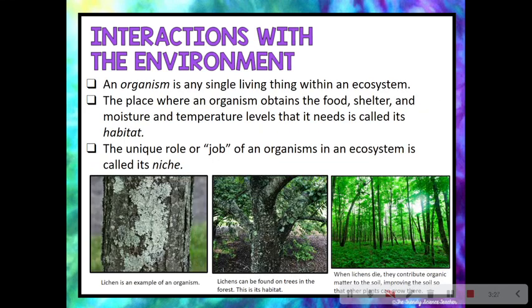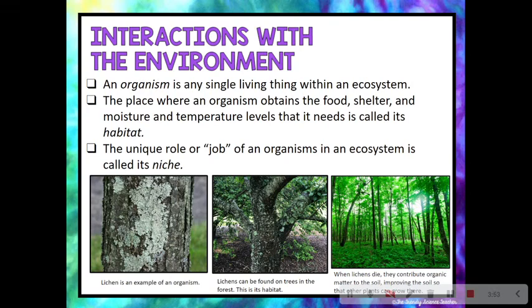An organism is any living thing within an ecosystem. The place where an organism obtains the food, shelter, and moisture and temperature levels that it needs is called its habitat. The unique role or job of an organism in its environment is called its niche.